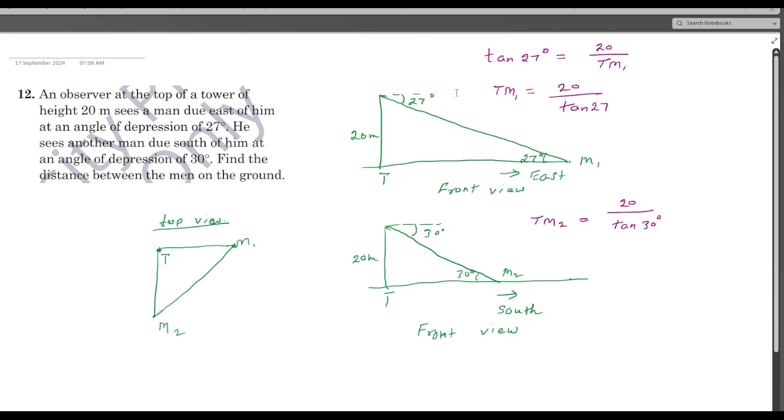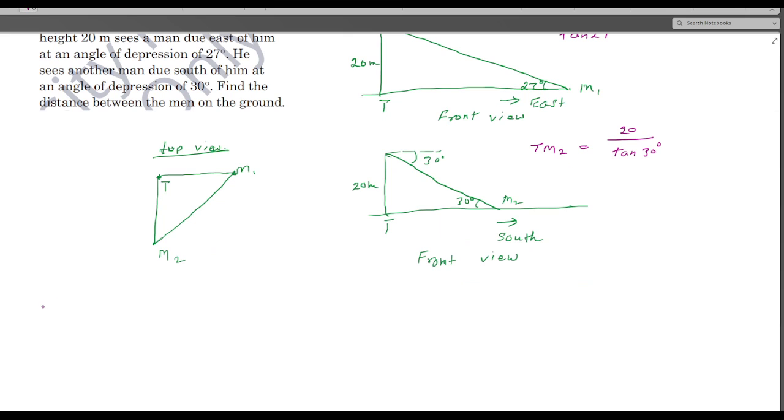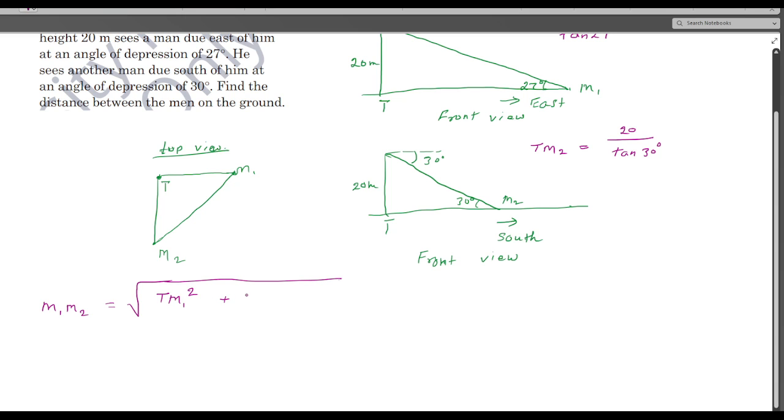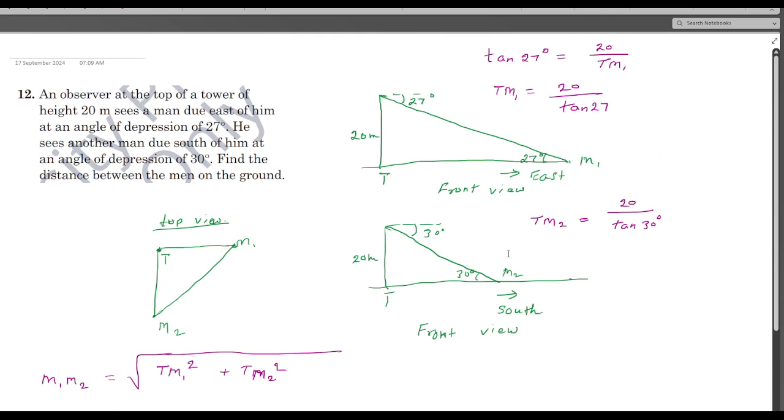Now M1M2 is going to be equal to the square root of, we will apply Pythagoras theorem, TM1 square plus TM2 square. So we will square these values. TM1 is 20 divided by tan of 27, and then we will square it. It is 39.25.